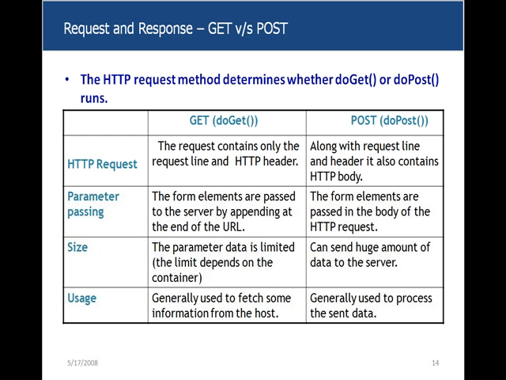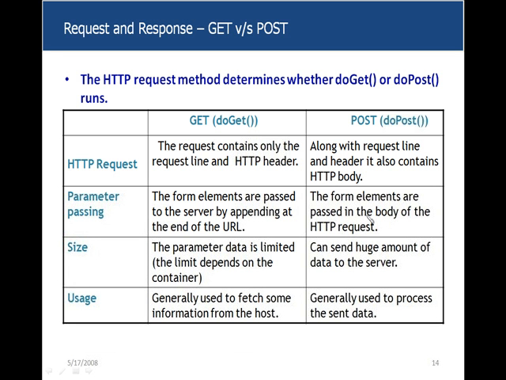We've seen that these are passed in the form parameters or the form elements of the request. So when you are going for a get, these form elements are appended to the end of the URL. So whatever URL you are sending, the form parameters are appended to that URL and sent across to the server. So the form parameters, whatever information you are passing to the server, is visible in the URL when you are going for a get.